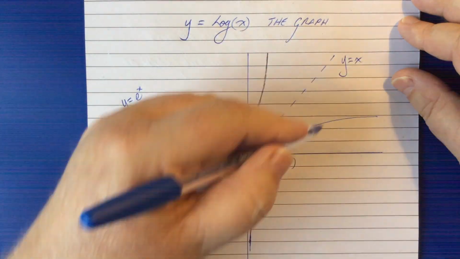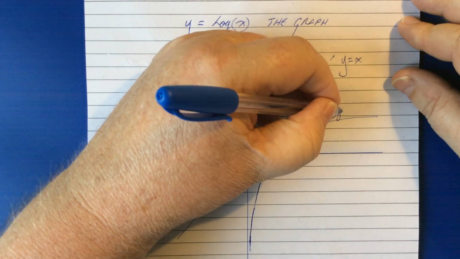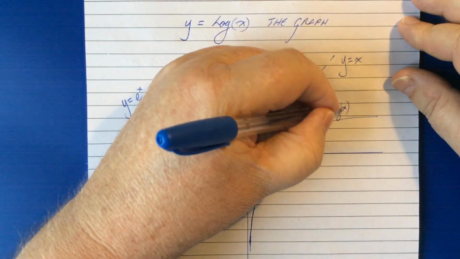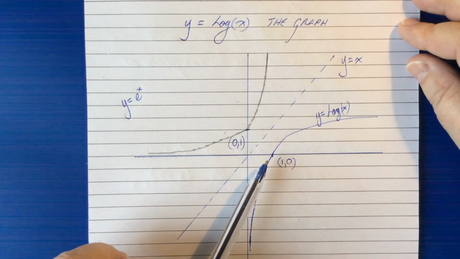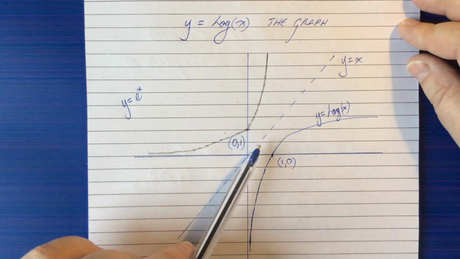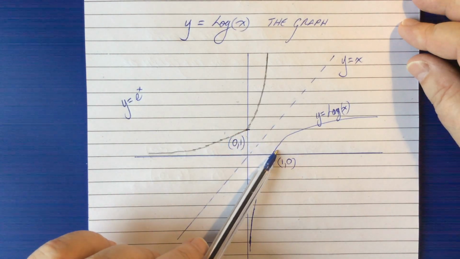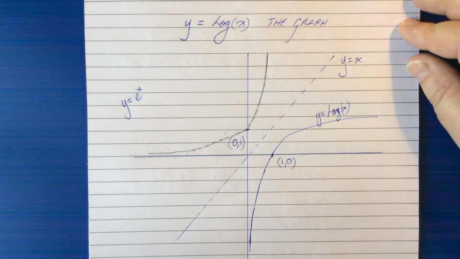But this is the graph of y equals log x. And hopefully, although my drawing leaves a bit to be desired, you can see that this and this are reflections of each other in this line, which is one of the characteristic definitions of an inverse.